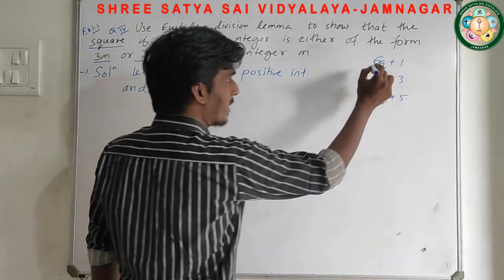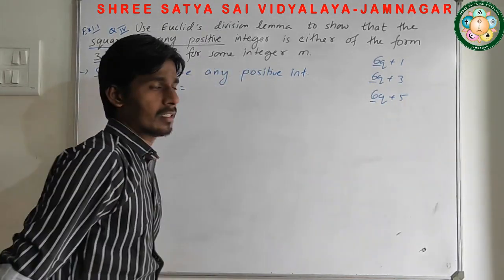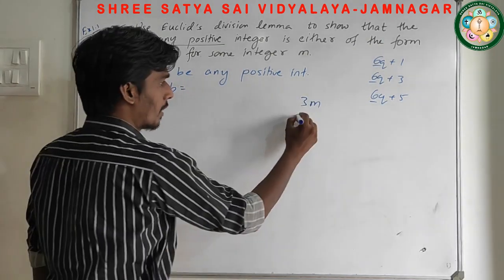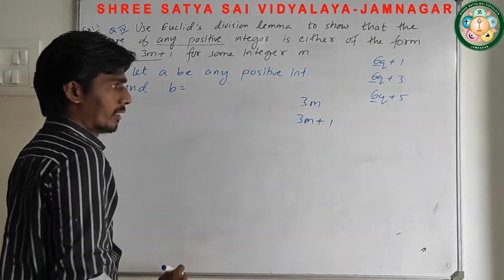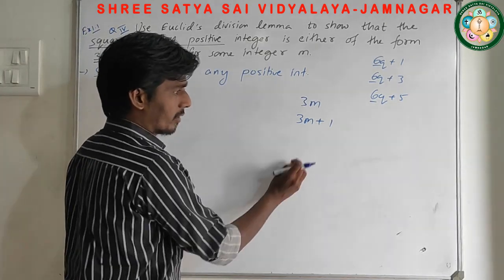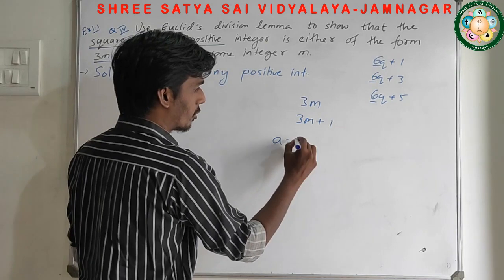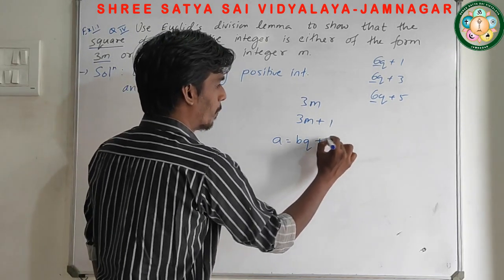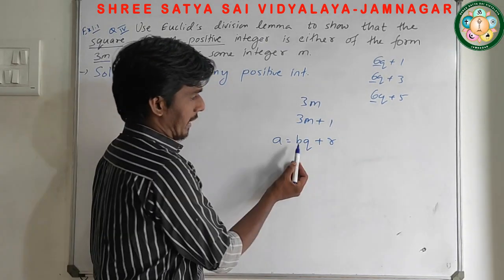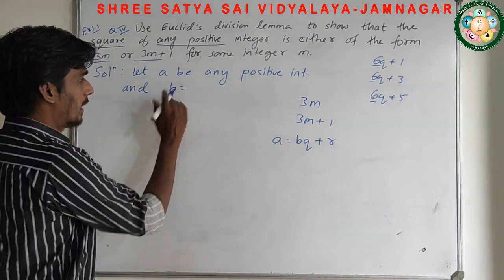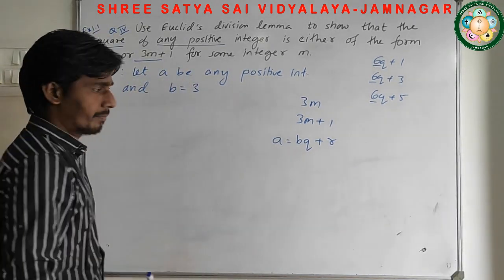So what we took as a divisor, it's 6. Now here instead of this it is 3m and 3m plus 1. So this m is the quotient term, and if I compare this one with a is equals to bq plus r, instead of b here it is 3. So what I am going to take as a divisor will be 3.